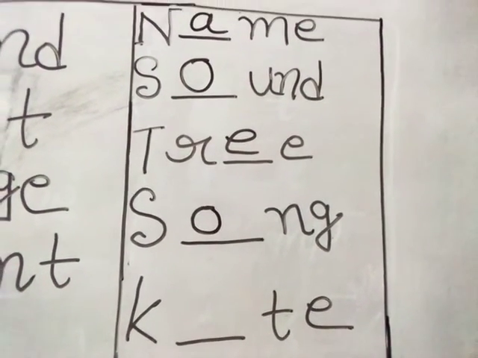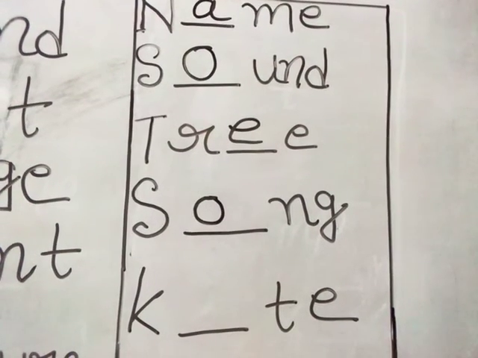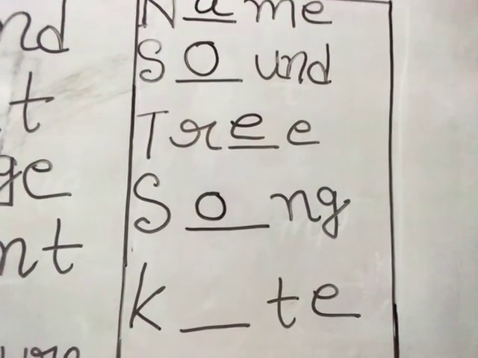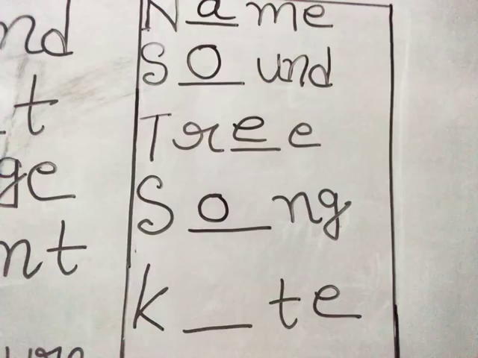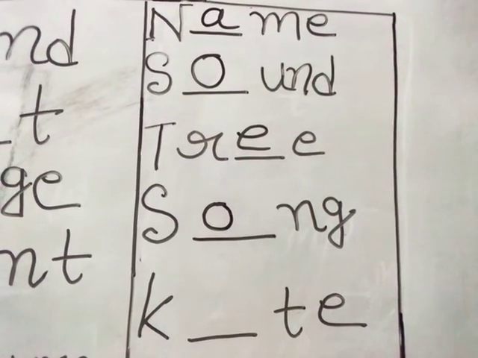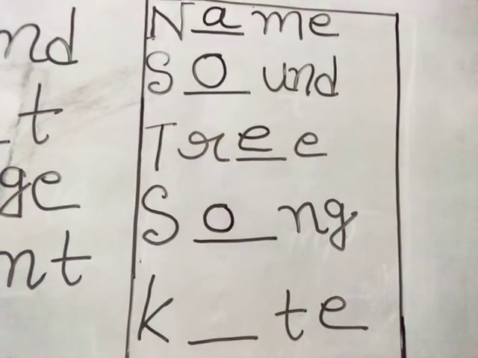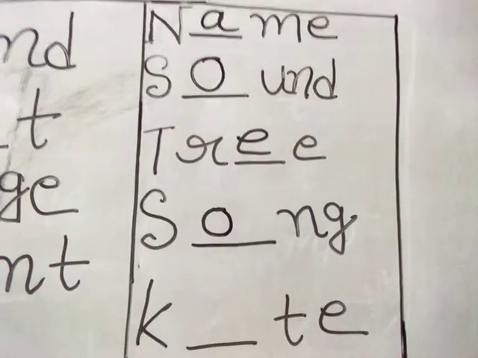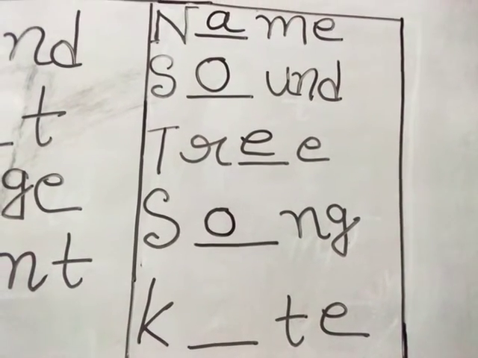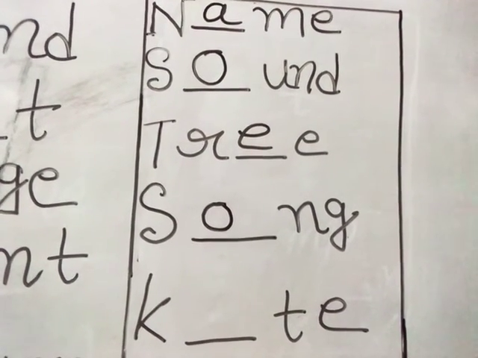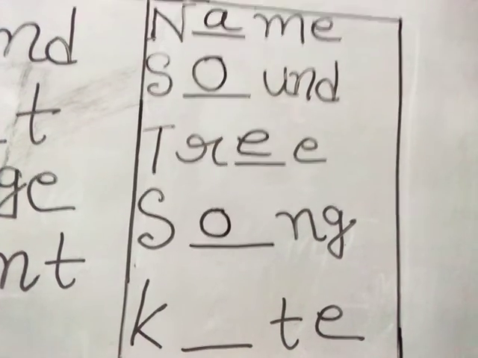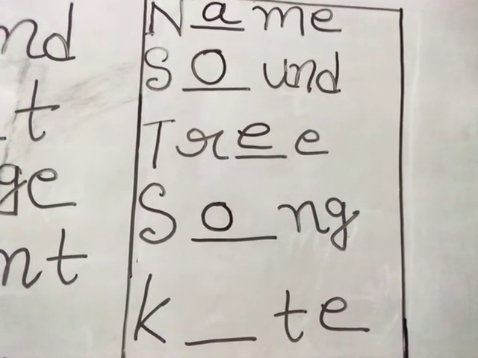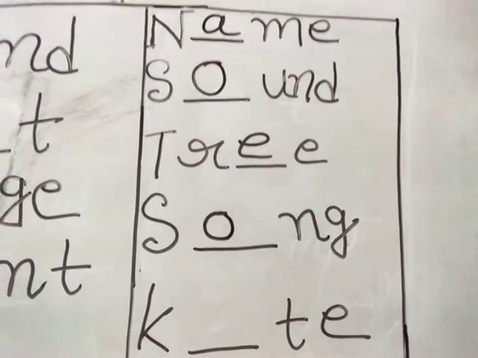K-I-T-E. Can you pronounce it? K-I-T-E, it becomes kite. Kite is made of thread and polythene, and sometimes different colors are available. We can make a sentence like I can make a kite or I can fly kites.